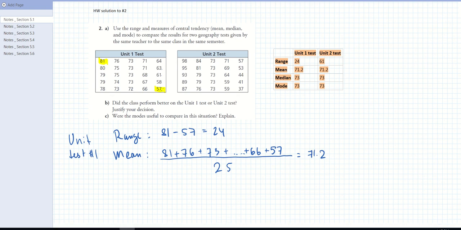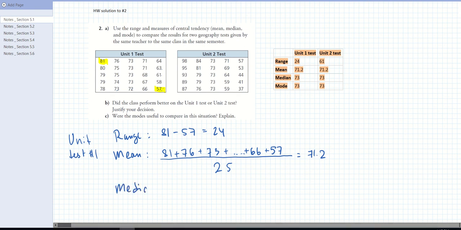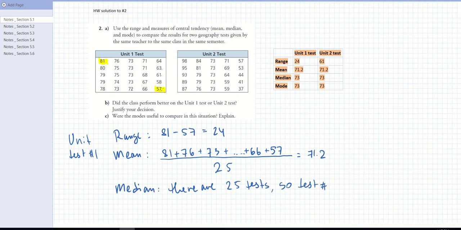The median is the value that's in the middle, so basically 50% to the left, 50% to the right. Because we have 25 tests in total, 24 divided by 2 would be 12, so it'd be the 13th.